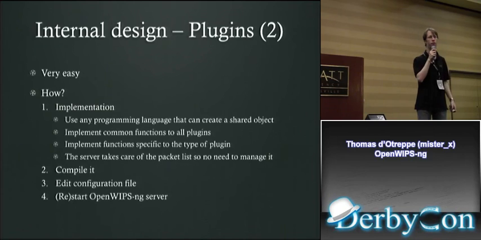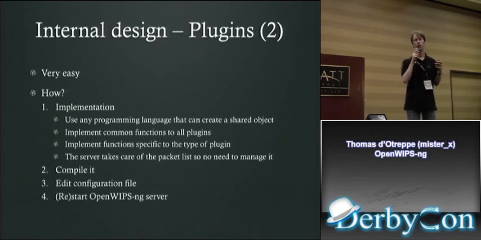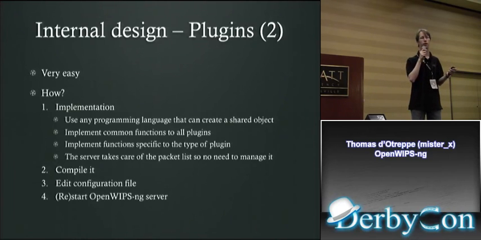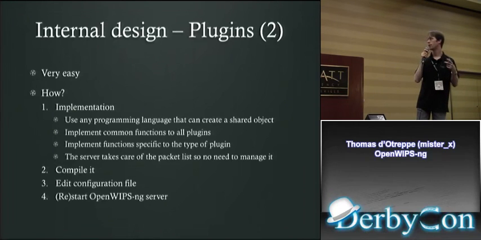C, C++ can do it. I'm pretty sure a lot of others can do it. You just need to expose the functions. There are some common functions to implement for all kinds of plugins, like initialization, getting the type of plugin, getting the version supported, etc. And then the functions specific to that plugin.